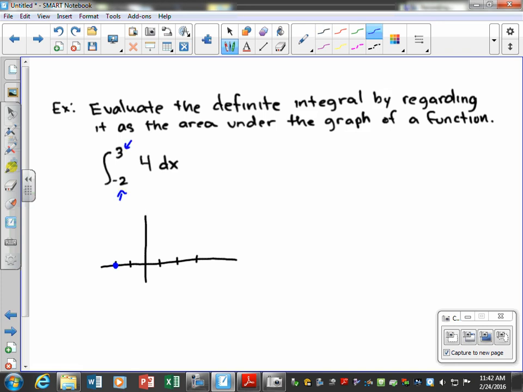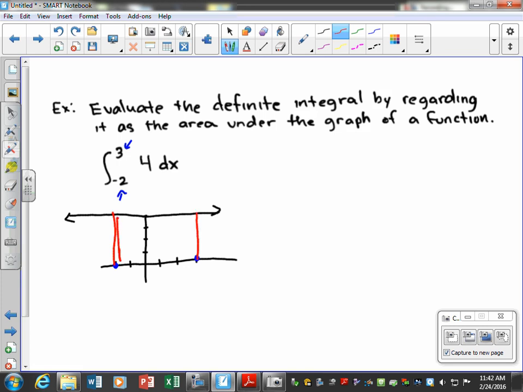So -2 to 3, and our function is y equals 4. Now if I was to sketch a rough graph of y equals 4, that is just a horizontal line there. So we only care about the area in our interval.